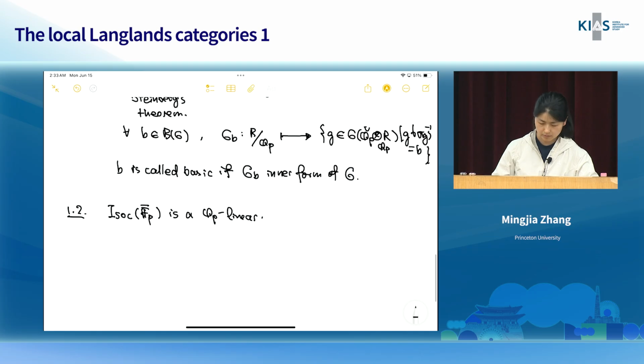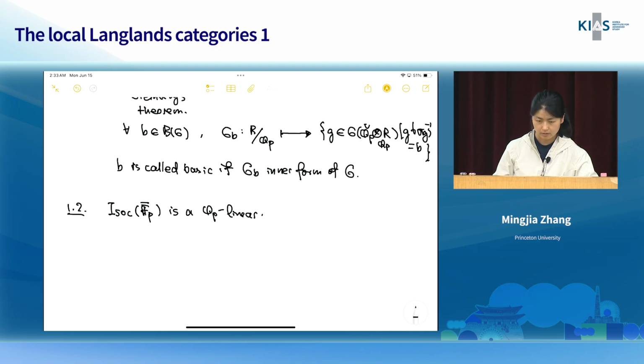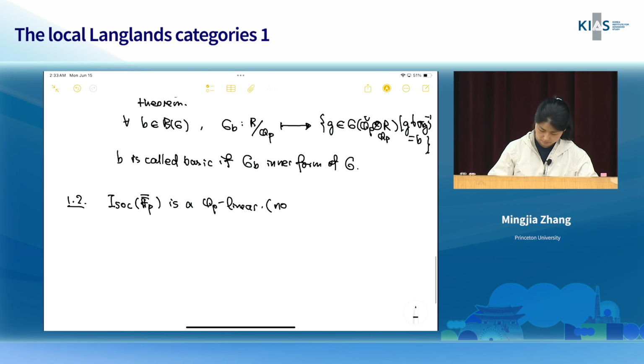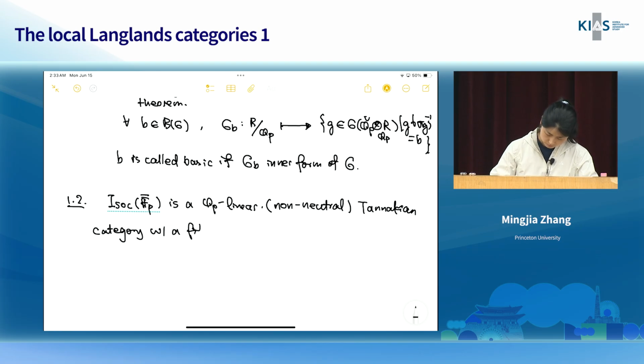So to define this, let's observe that Isoc F_p bar is in fact a Tannakian category, which is Q_p linear, but it's not neutral in the sense that it doesn't have a fiber functor over Q_p. But here it has a fiber functor over Q_p-breve.